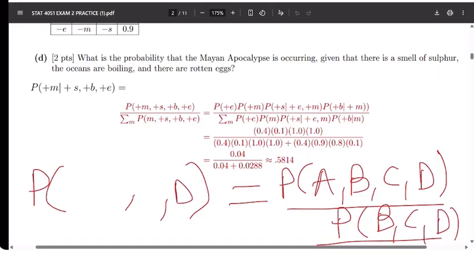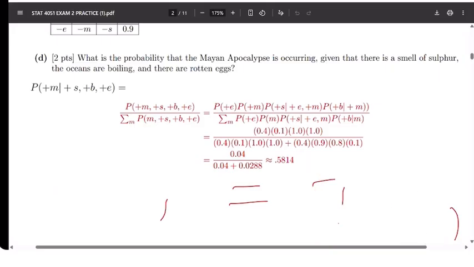Now, if you take a look at this, I said the probability of M given all of that, number one, is going to be a joint, divided by the probability of this guy.